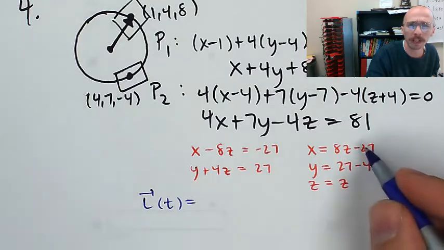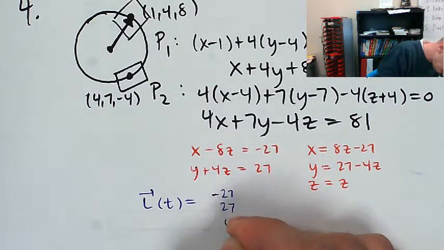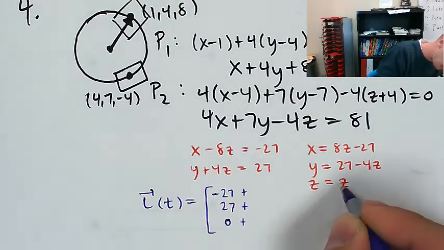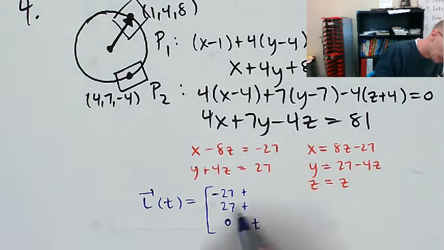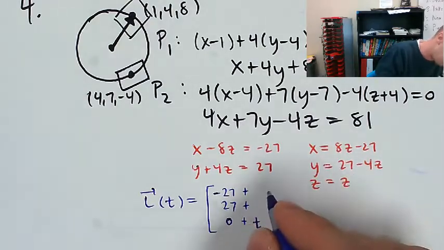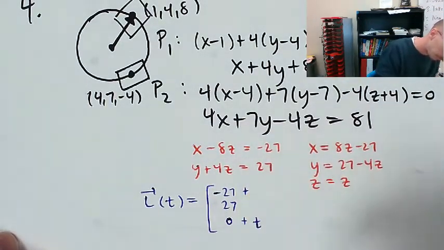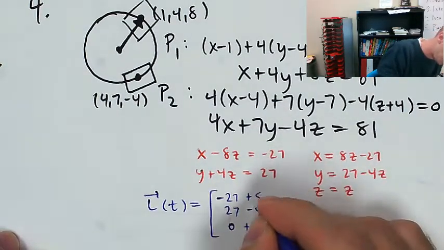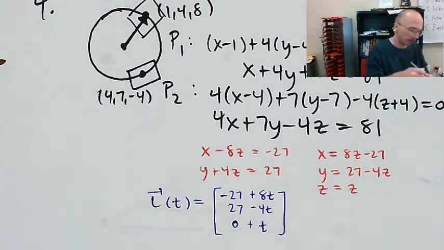So it would be negative 27, 27, and 0, plus, z is going to be equal to t, so it'll just be 1t. 27 minus 4t, and this was 8z minus 27, so that would be negative 27 plus 8t. Okay, and that'll be an equation for the line of intersection.